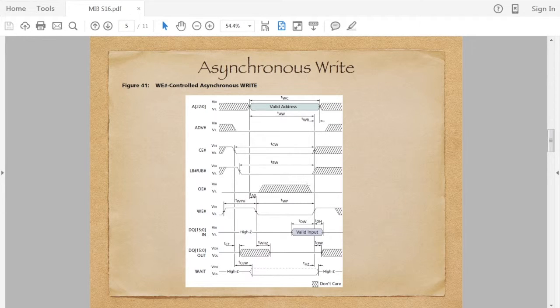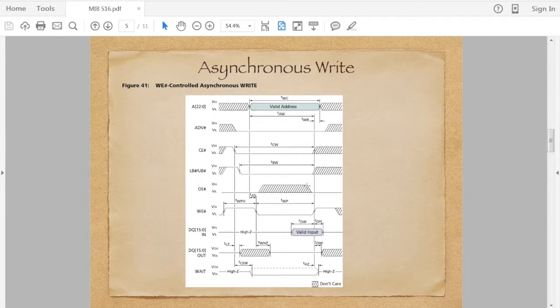And what this shows is the timing for a write cycle. Now the signals of interest are the address and the chip enable. In this case, since it's a write, OE, so again the hash or the pound sign, indicates low active signals. OE is the output enable, so that's what they've chosen to call read.